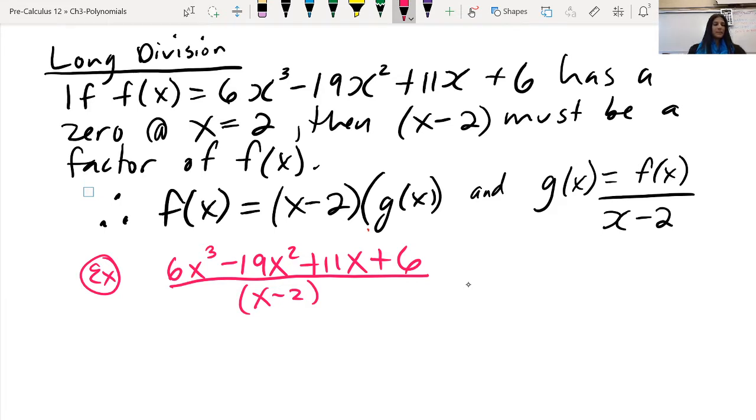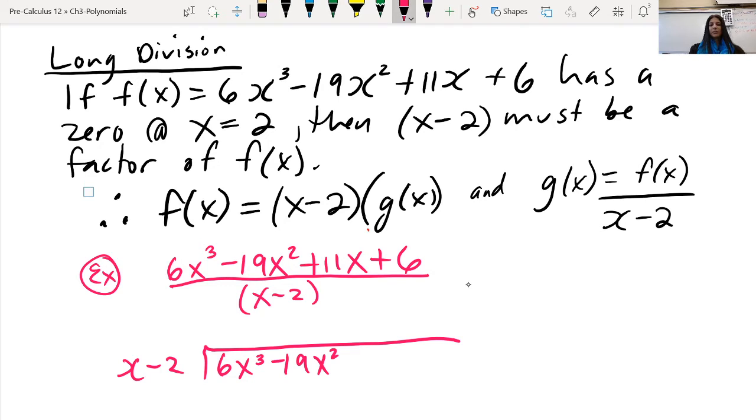And then when we go to set this up, actually this time maybe I'll leave the brackets, but we would have x minus 2 on the outside here. We would have our 6x cubed minus 19x squared. Notice that it goes in descending order: x cubed, x squared, x, and then just the constant.